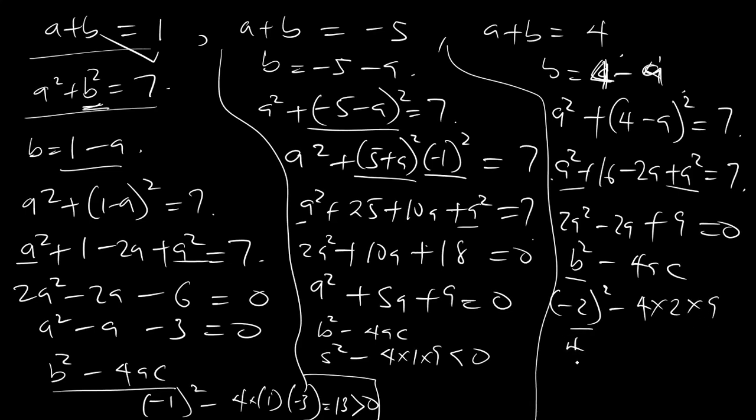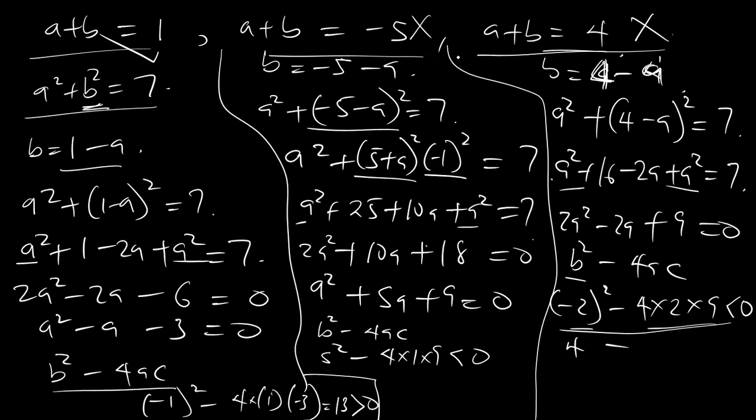This one will give you 4 minus a big number, so that means this is less than 0. Since this is less than 0, this is an answer, but it will give you complex numbers. So these ones are not for real numbers. This is the only one that is a real number.